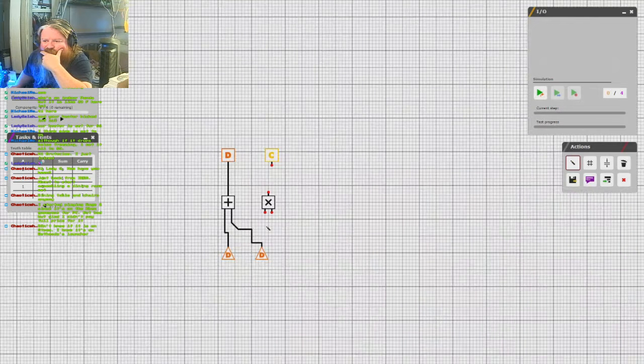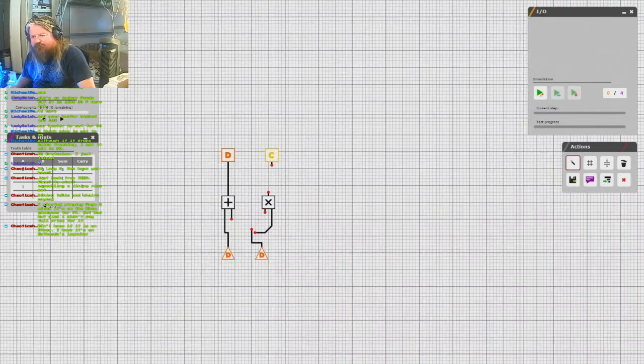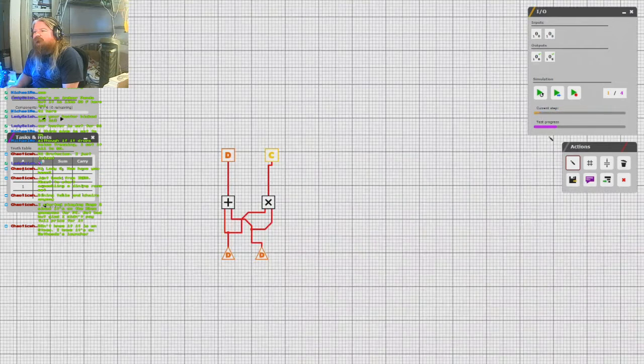But if it's A and B coming in, then we get a carry out. And thus we have built a simple adder.